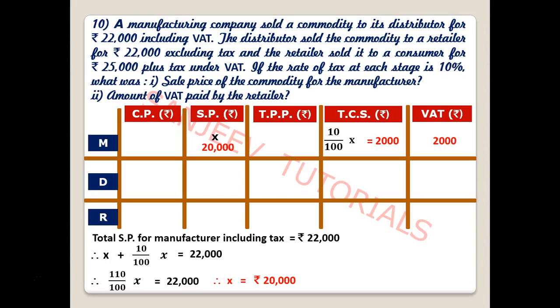20,000 rupees, that was the selling price for the manufacturer, is also the cost price for the dealer or the distributor. And 2,000 rupees, that was the tax collected by the manufacturer from the dealer. So tax paid on purchase by dealer is rupees 2,000. Selling price for dealer is 22,000.